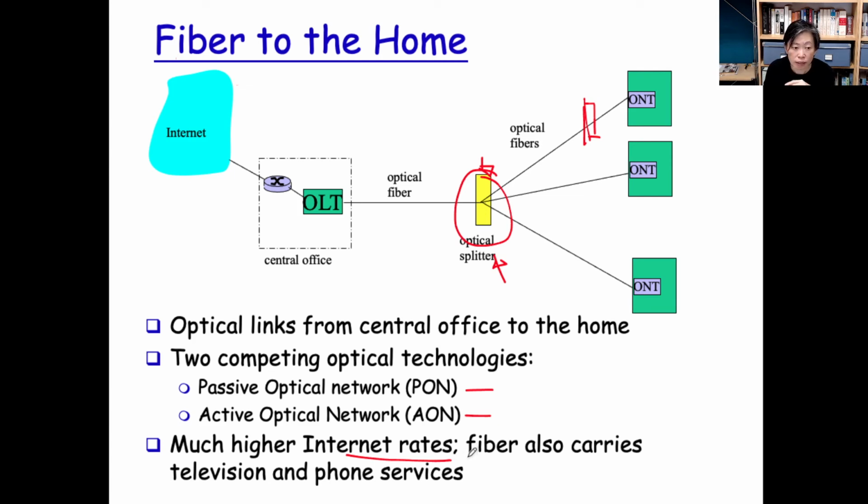And nowadays these fibers can also carry telephone or television services. Think about video on demand, so that is to carry TV programs through FTTH. And digital phone, IP phones are one example.